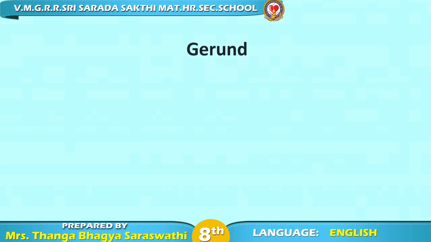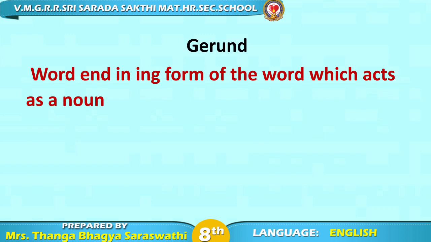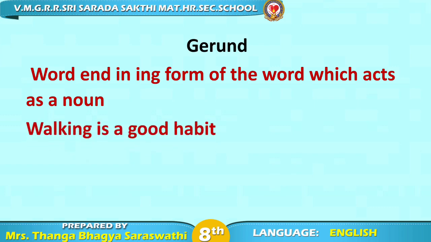Next one is gerund. What is meant by gerund? The ing form of a word which acts as a noun. When a word ends with ing and it itself acts as a noun, it is called a gerund. Walking is a good habit.